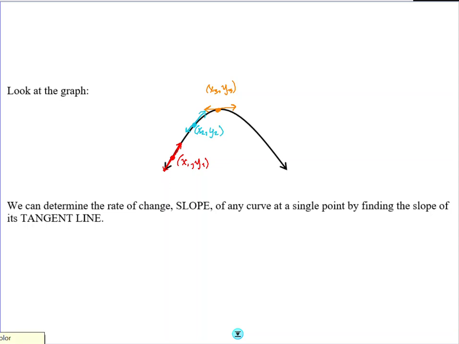And if we look at the slope of the tangent line at this point, x4, y4, this tangent line would have a negative slope. So, to get a more exact slope, we are going to use the difference quotient.